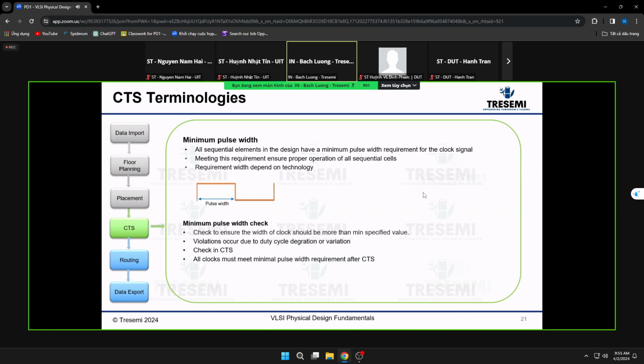Basically, it'll be much more difficult to close timing, and it also messes up your flops. It impacts the function of the design. So ideally, we want a 50% duty cycle. I have not dealt with non-50-50.